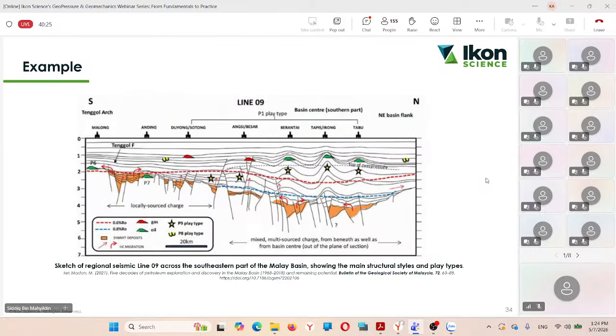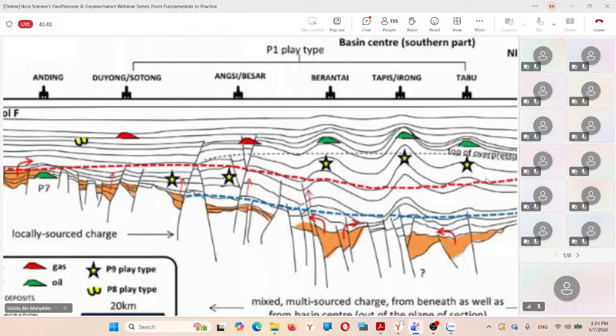And this happens quite often all over the world as well. This is one example in Malay Basin. You can easily see that all of these are different units. They might have different pressure gradients, for example. Over here, you could see that we have one sand unit, and then it's separated by a fault.